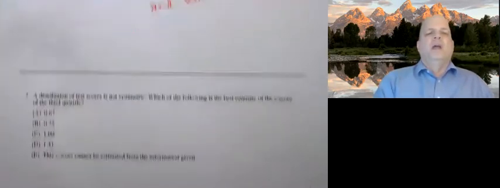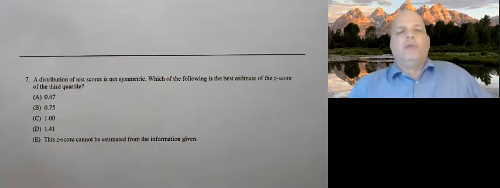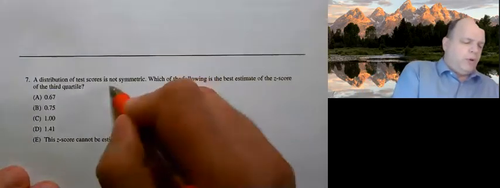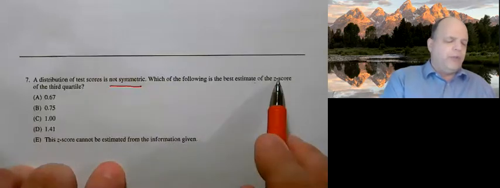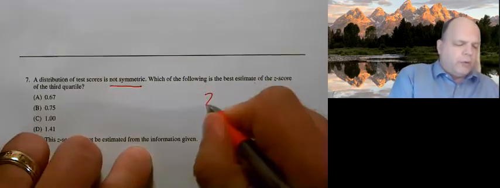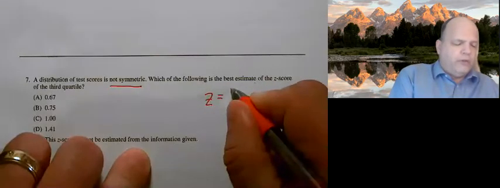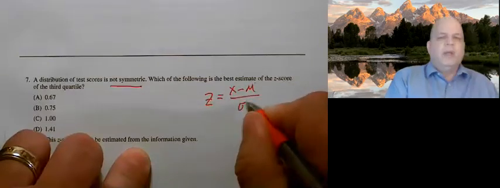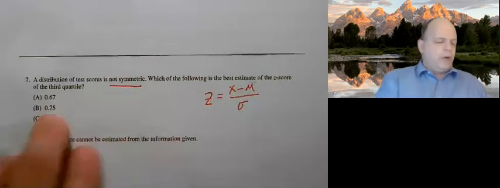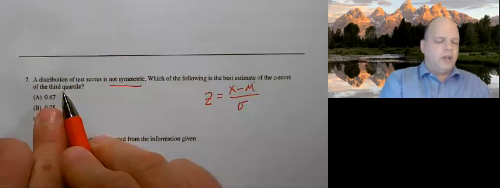Number 7, a distribution of test scores is not symmetric. That's pretty important. Which of the following is the best estimate of the z-score of the 3rd quartile? So we're going to write down our z-score formula. Z equals x minus mu over sigma. And you're like, you know what? 3rd quartile, that's 75%.